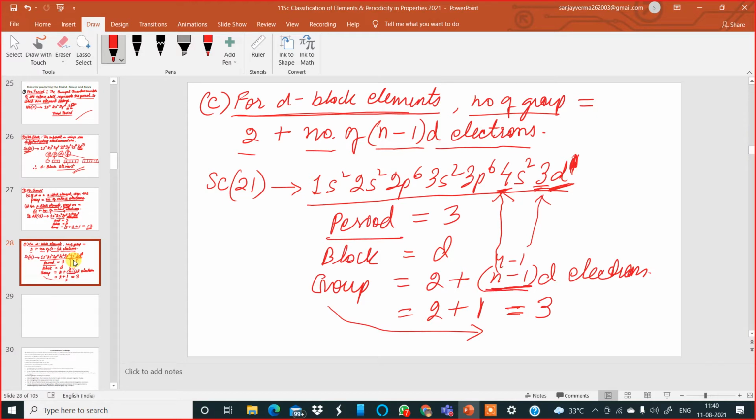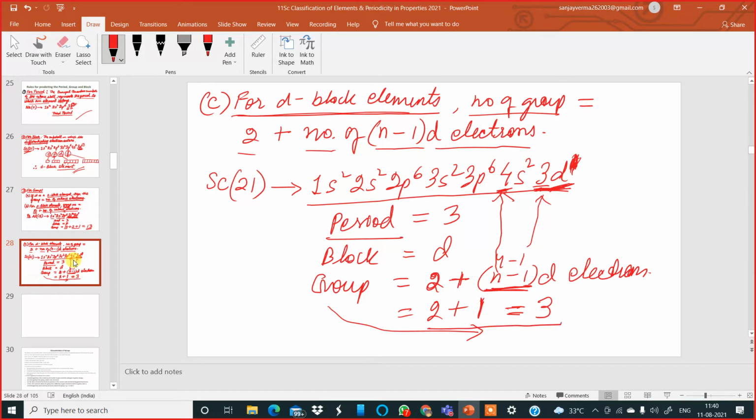So to get the group for d block elements, the formula is 2 plus (n minus 1). n is 4, the highest principal quantum number, minus 1 is 3. That means I'm talking about the 3d orbital, and it has 1 electron. That's why I'm putting 1 over here. So I'm getting 2 plus 1 equal to 3.